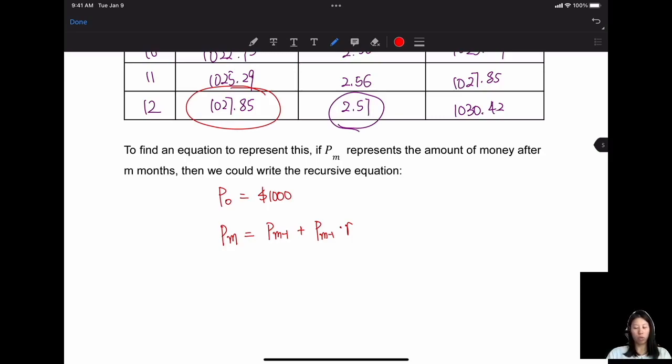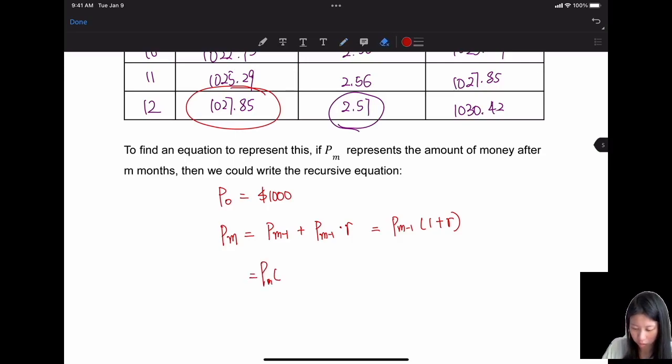So when we pull out the common factor, we have P sub n equals P sub n minus 1 times 1 plus R. In our specific case, R is equal to 0.0025, so it is 1 plus 0.0025.